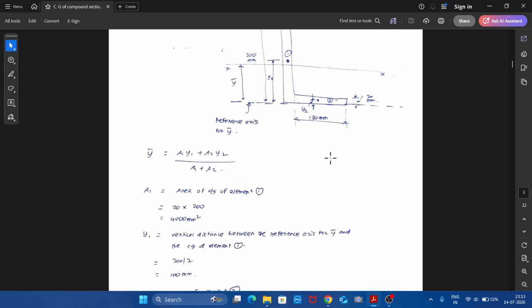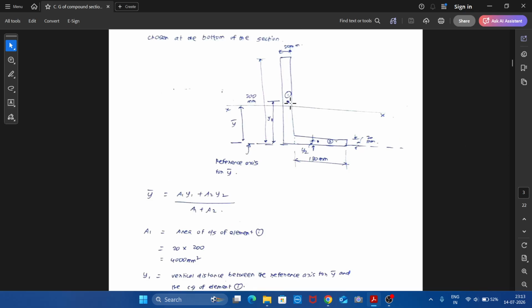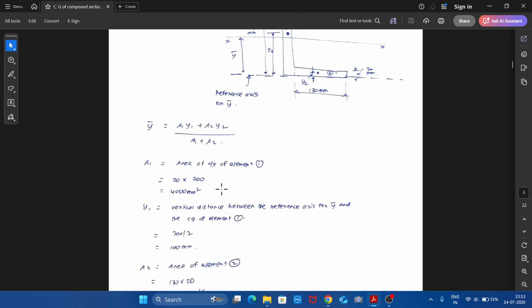So y1 is the vertical distance from the reference axis for y bar to the CG of element 1. So from here to here, we need to mark in the diagram. So this will be y1. So y1 will be equal to total height we have 200. So 200 divided by 2 will be y1.